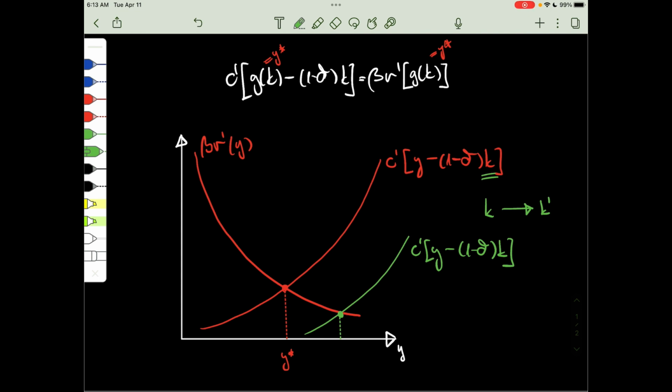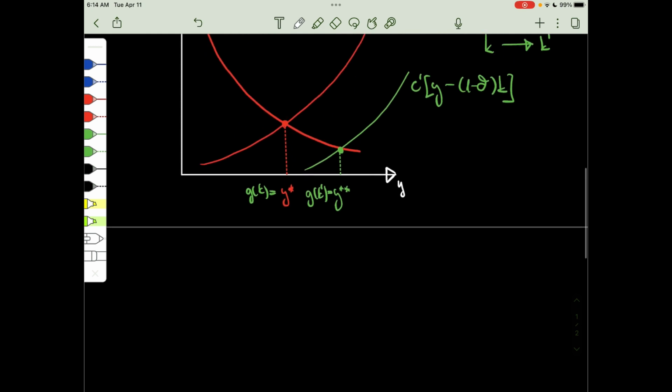So we can say that the policy function is increasing in k. This is the intuitive answer, that g, the policy function, is an increasing function of k. Okay, we need a formal demonstration.